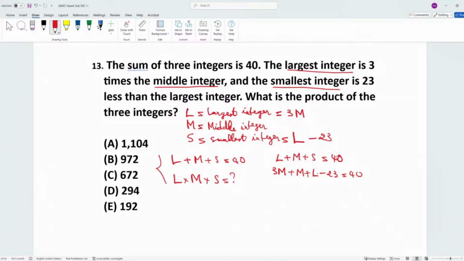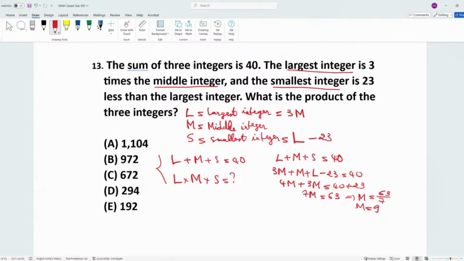We can remove this, so this is going to be 4m plus largest integer is 3m equal to 40 plus 23, because the 23 is going to go on the other side. Then we will find ourselves with 7m is equal to 63. Then the middle integer is 63 over 7. Middle integer is actually equal to 9. Okay, 63 divided by 7 is equal to 9.